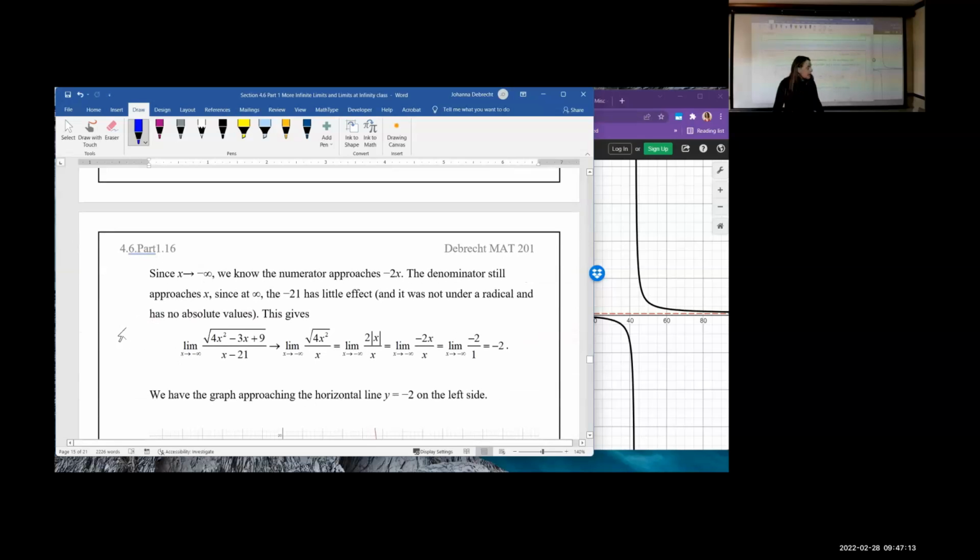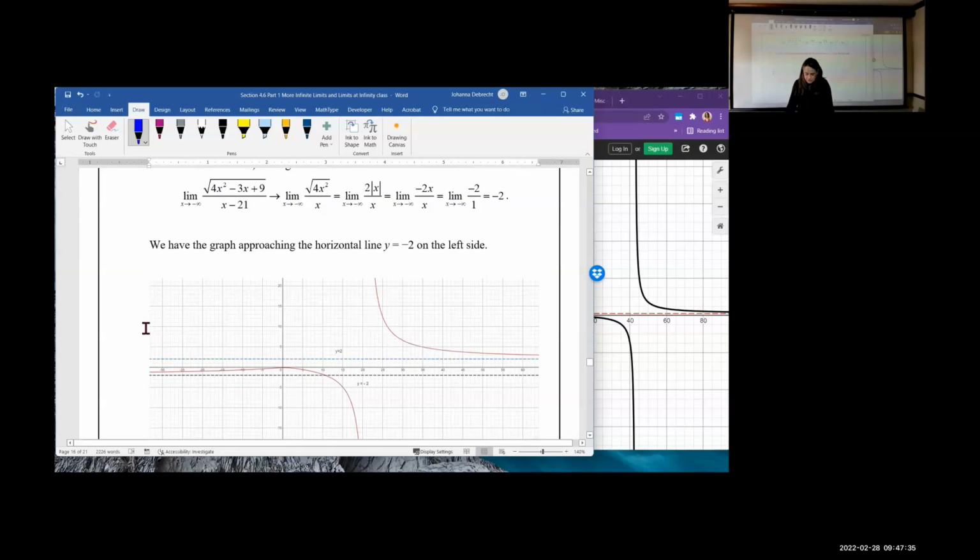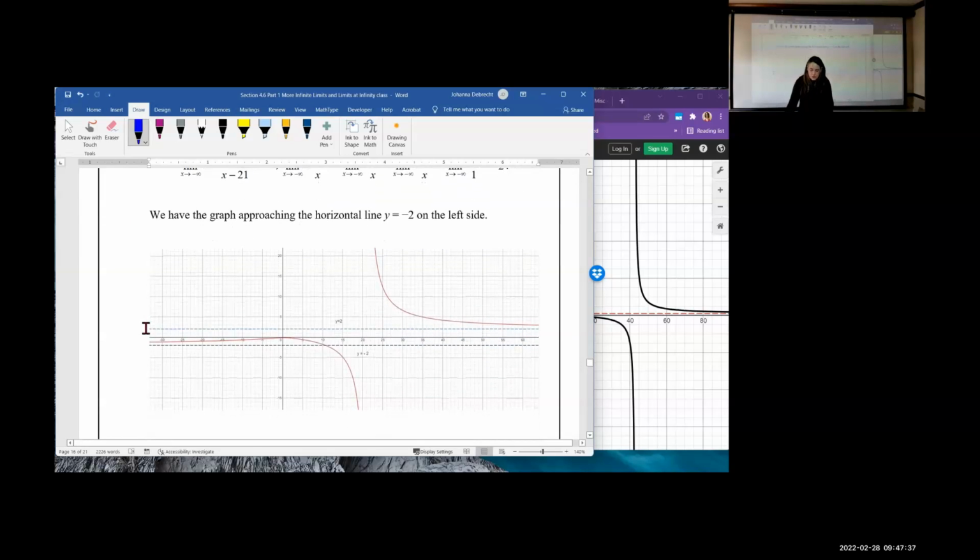As we go to the left, we again get 2 absolute value of x, but that becomes a negative 2x, and the denominator approaches x again, which means on the left side, we have a graph approaching negative 2. So we have a different horizontal asymptote on the right than what we have on the left. And here's a graph of the function right here that you can see. It's in red.